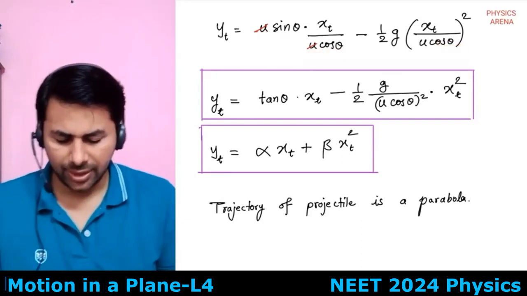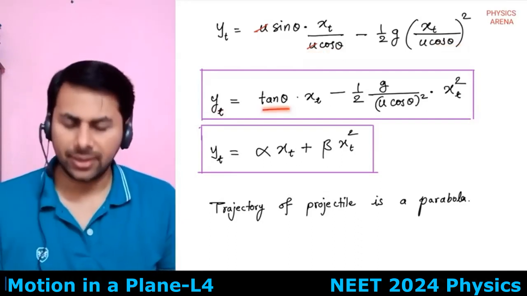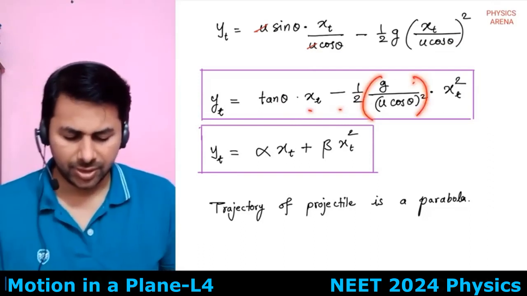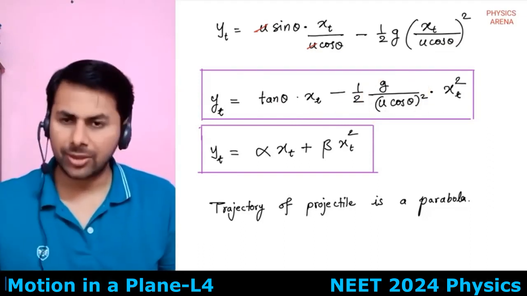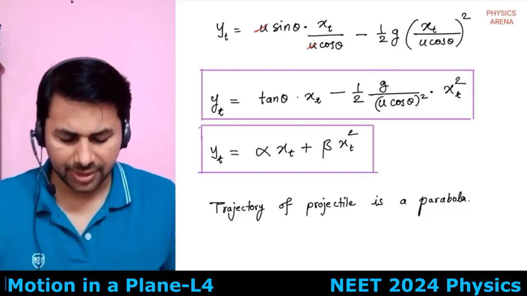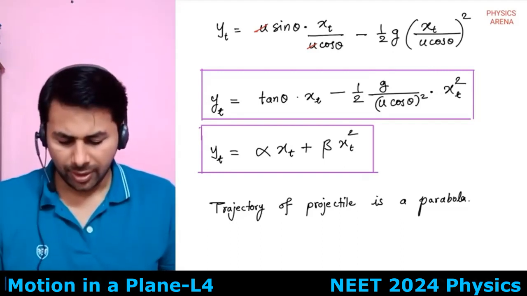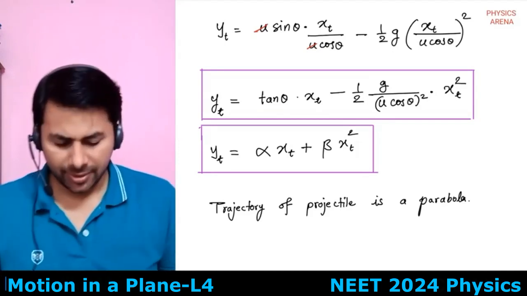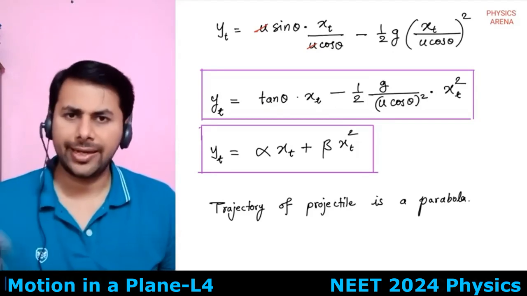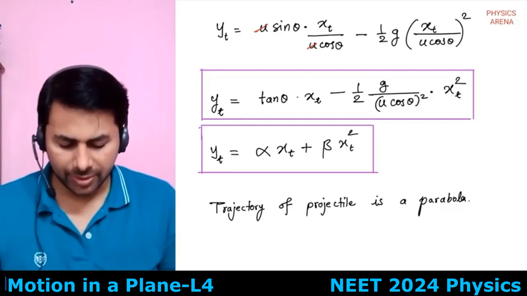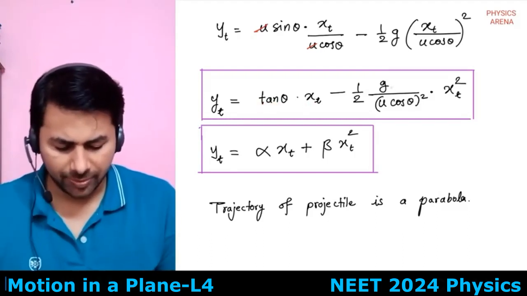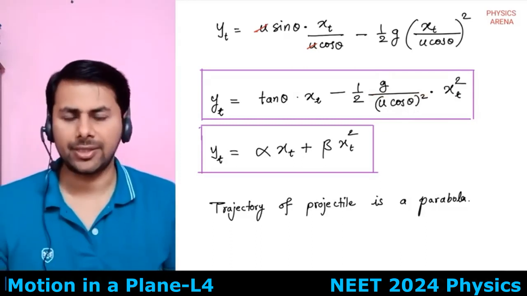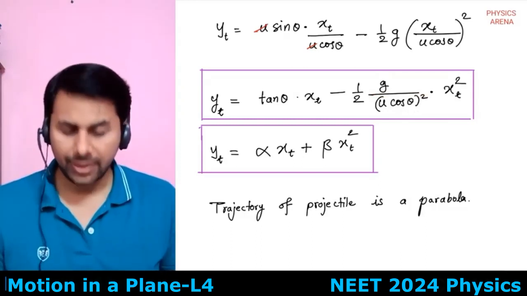If you substitute that, you get yt equal to tan theta times xt minus half of this factor g upon u square cos square theta multiplied by xt square. Or you can say y equals tan theta times x minus half of g upon u square cos square theta multiplied by x square.